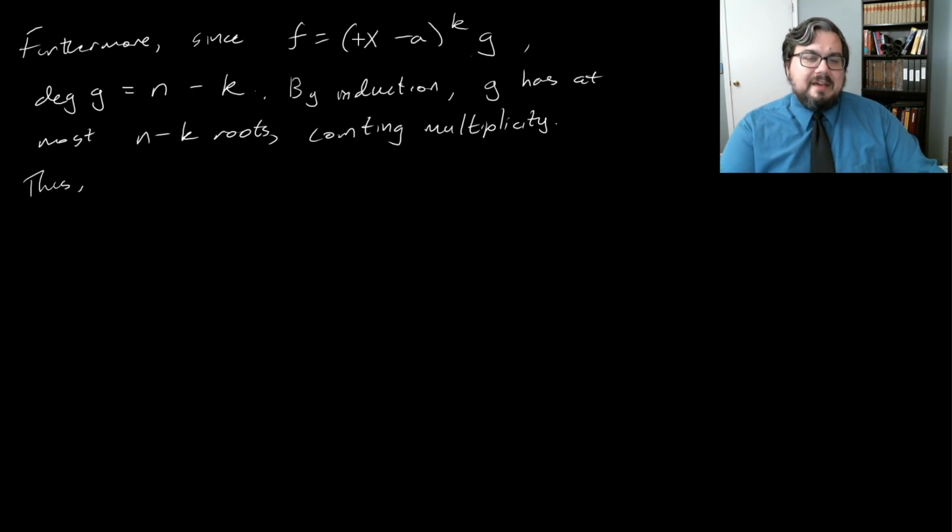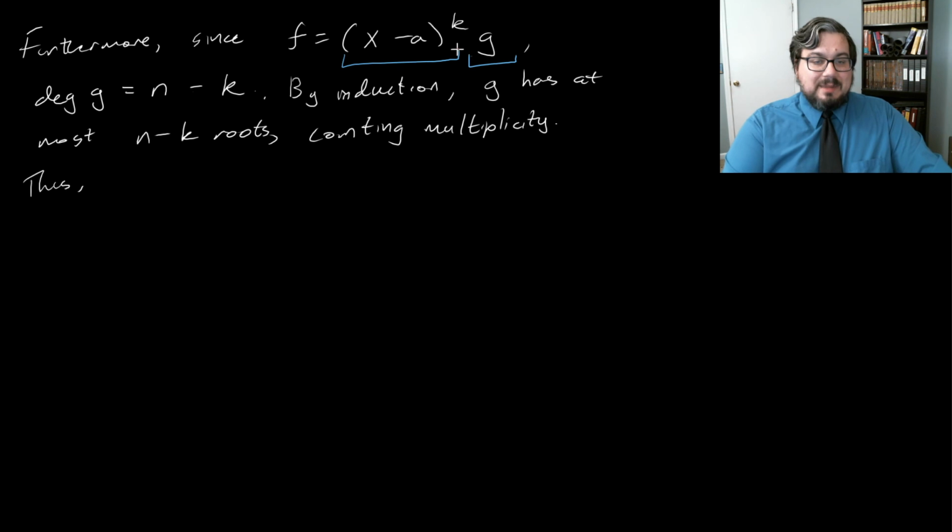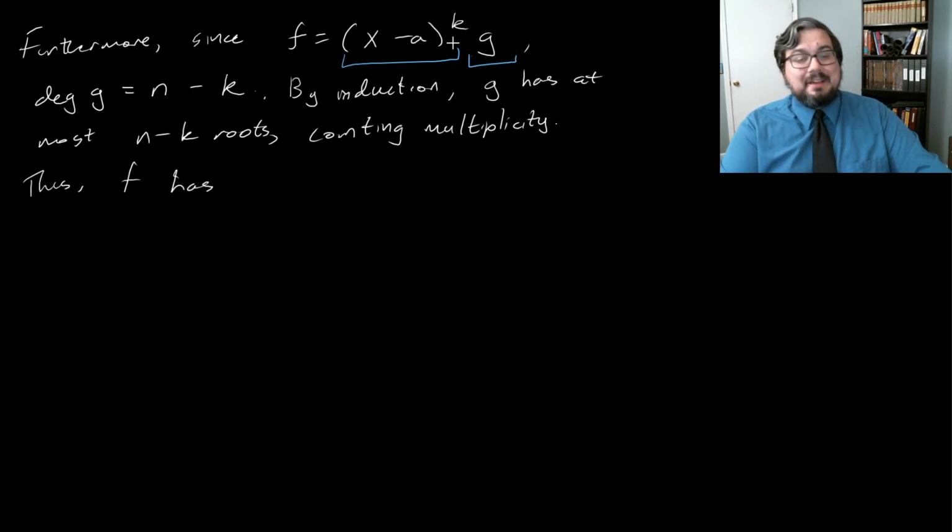So the roots of f come from exactly two places. They come from (x minus a) to the k or from g. (x minus a) to the k has k roots counting multiplicity, and g has at most n minus k roots.